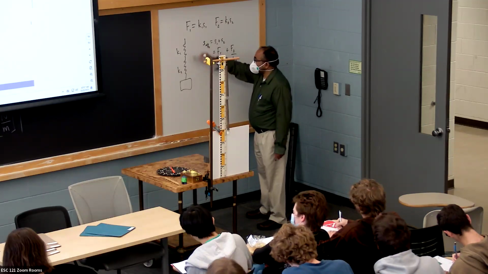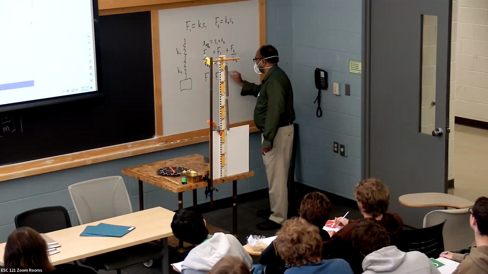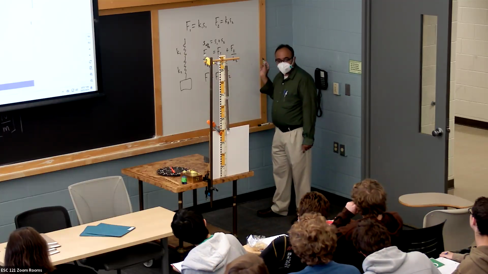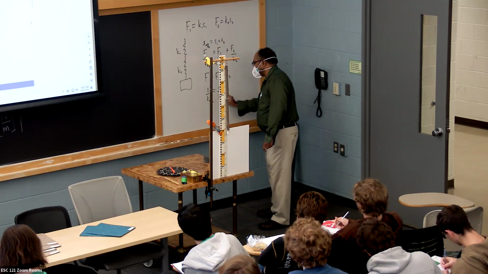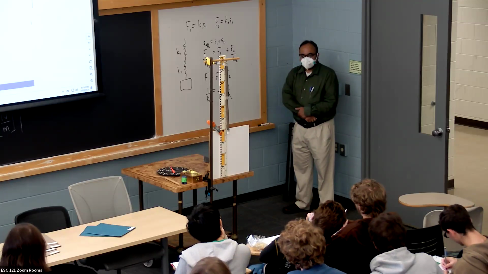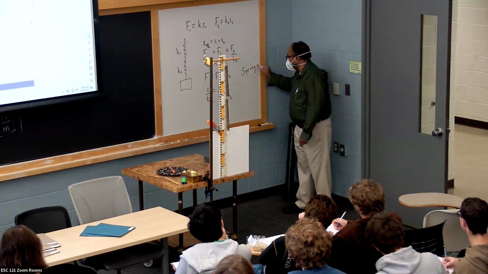And so if I'm replacing this with a single effective spring, I would have F over K effective. But in this case, F equals F1 equals F2, so I can cancel those out. And so what I get is, 1 over K effective equals 1 over K1 plus 1 over K2. This is for springs in series, sorry, not parallel.